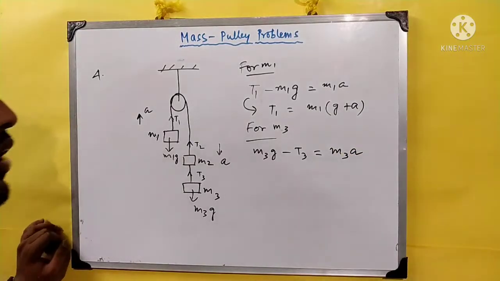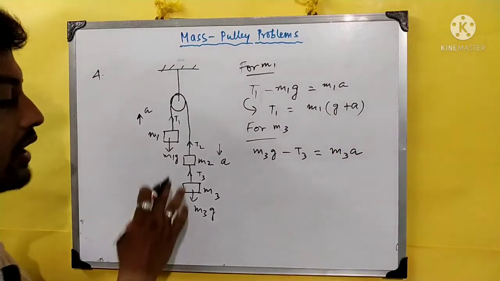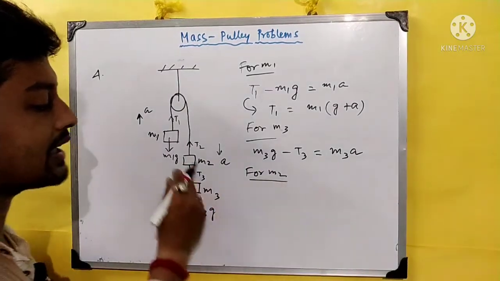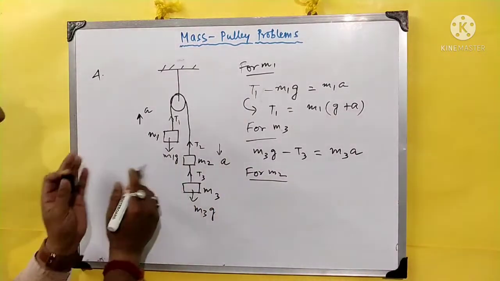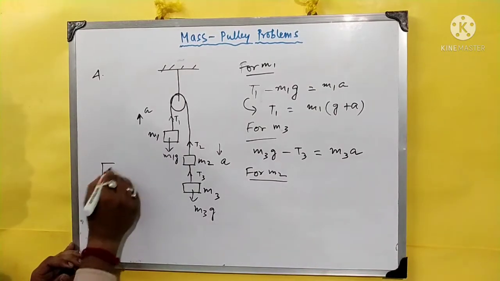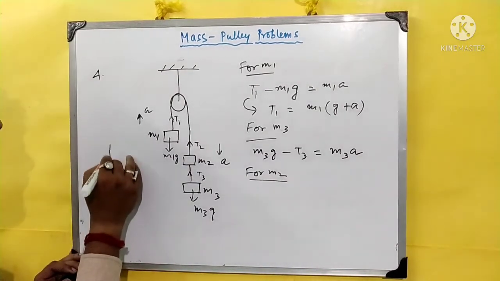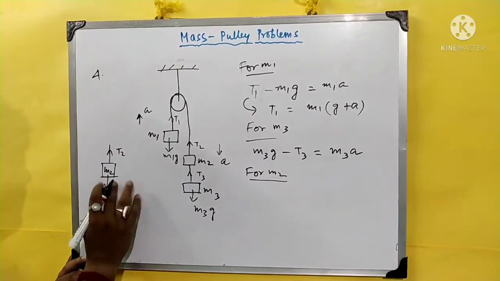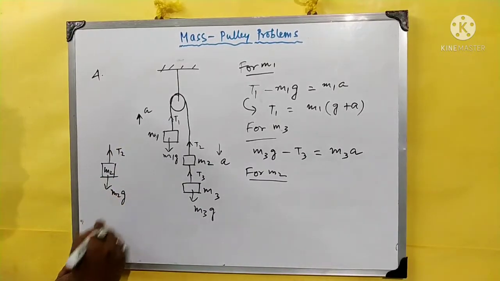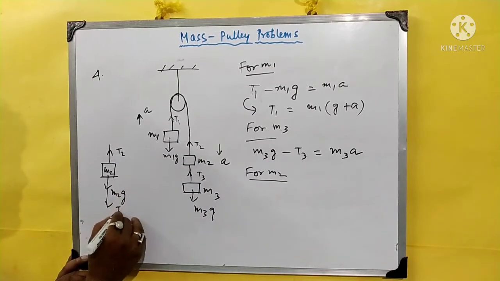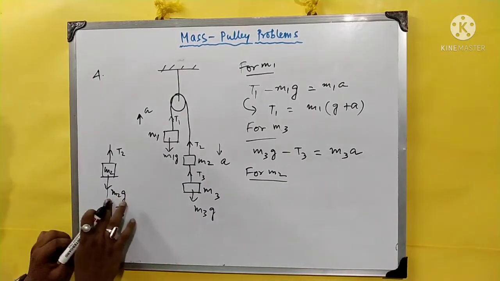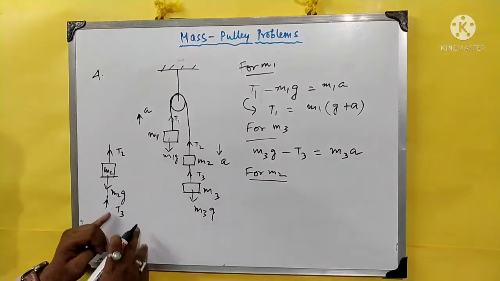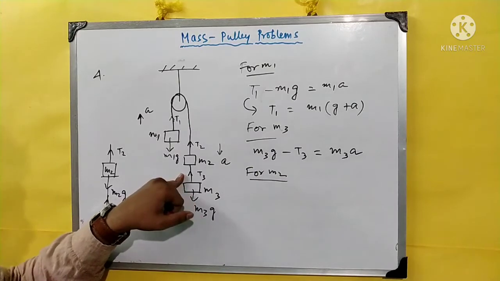Okay, fine. Now what is happening in the case of M2? See, if you separate this M2 mass, you will have T2 upward, M2g downward, and also T3 downward, and also T3 upward, as far as we can see drawn in this diagram.